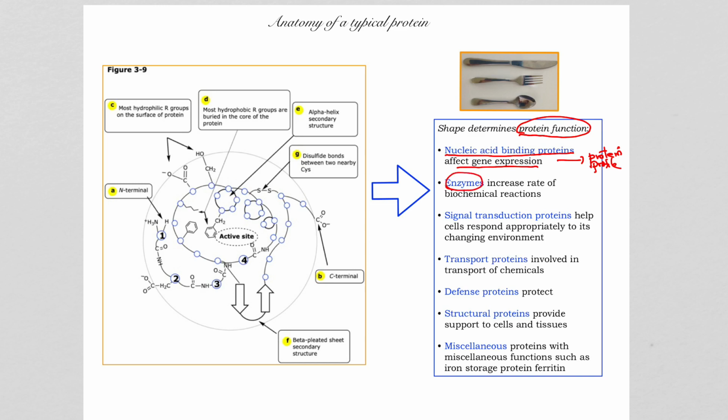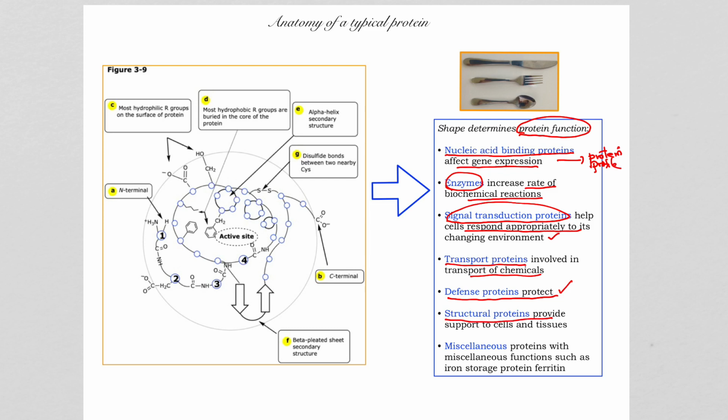Enzymes are proteins that increase the rate or the speed of biochemical reactions. All of reactions that happen in your cell, most of these reactions are catalyzed by enzymes. Signal transduction proteins help the cells respond appropriately to its changing environment. Okay, very, very important role. Transport proteins carry out transports of all kinds of chemicals across cells and membranes. Defense proteins such as antibodies and complements protect us against microbes and other possible harm.